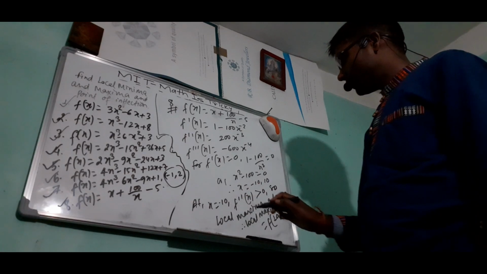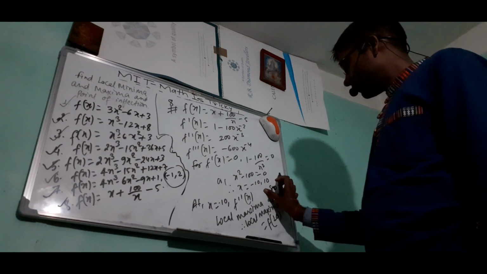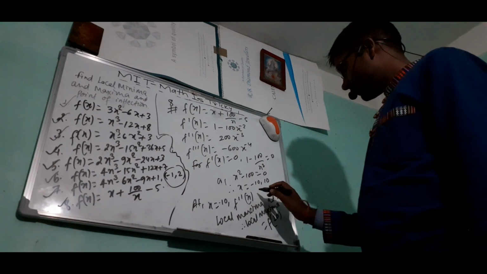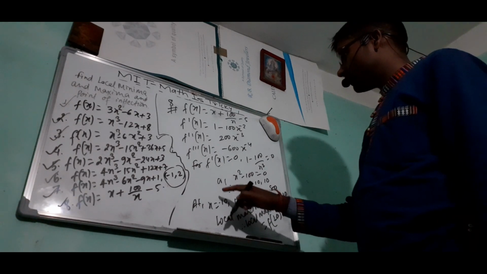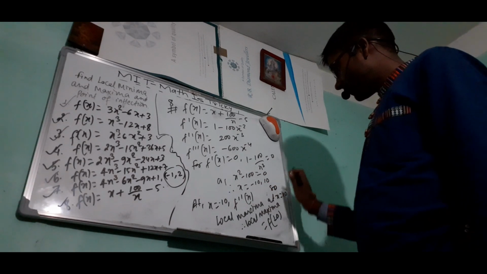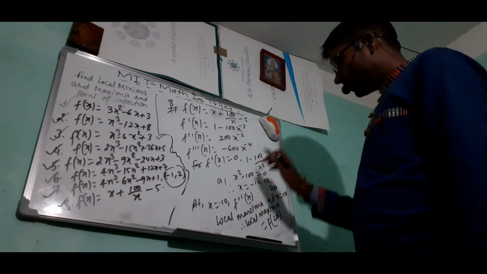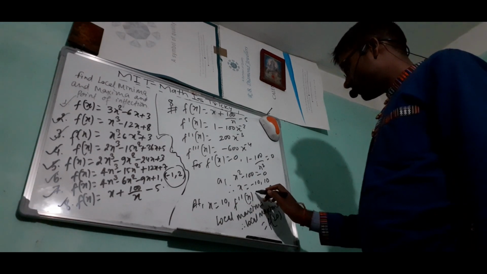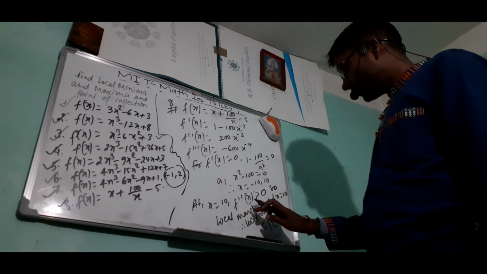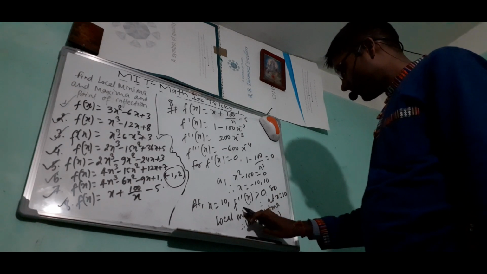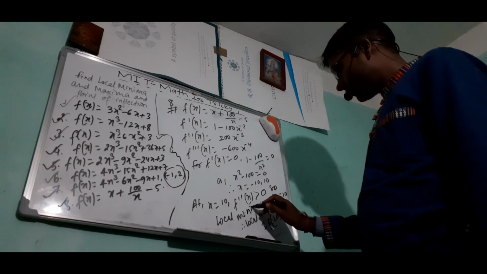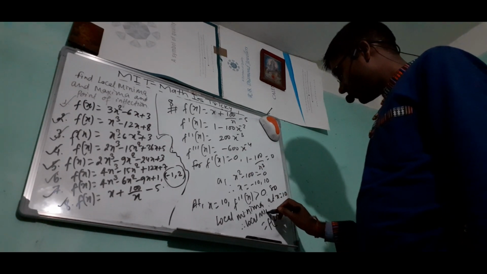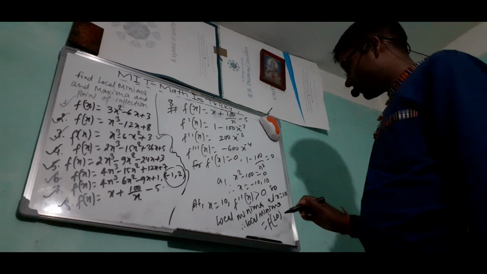At minus 10, the second derivative is negative, while at x equals 10 it is greater than 0, so there will be a minima at 10. The local minima will be this.